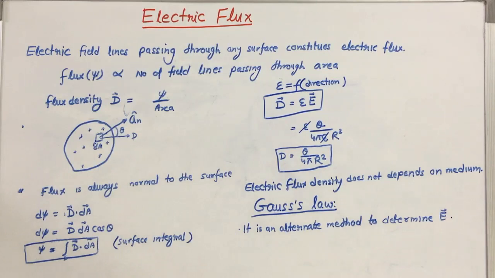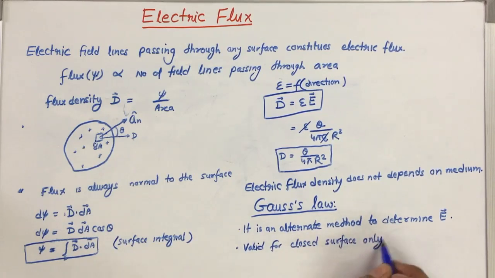Okay, so the first point regarding Gauss law should be clear. This law is valid for closed surface only. So write down here, it is valid for closed surface only.